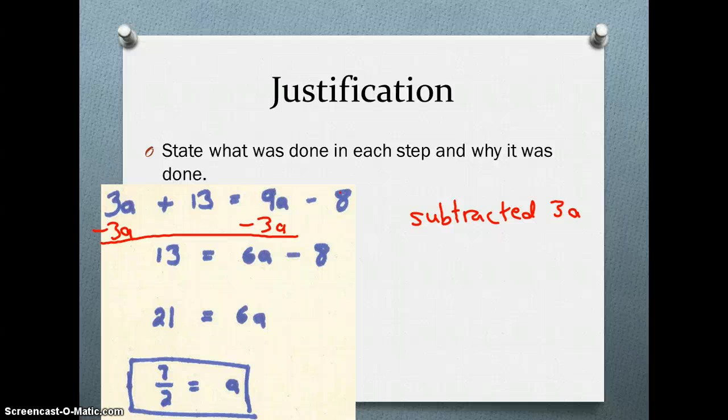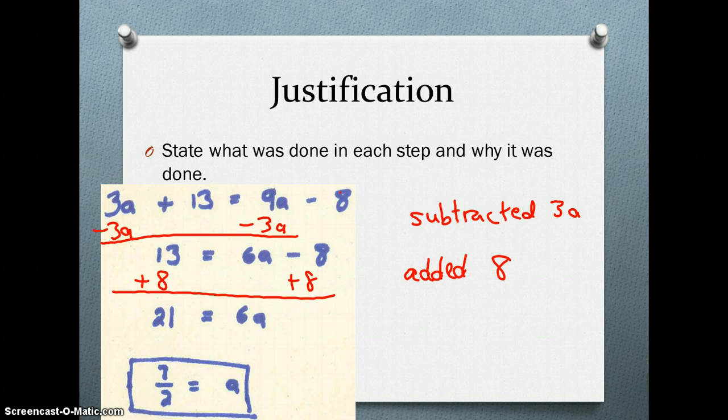How do we go from 13 equals 6a minus 8 to 21 equals 6a? Well, the 6a doesn't change. It's still there. But we have the minus 8. It's gone. So it looks as though we added 8 to both sides, which we did.